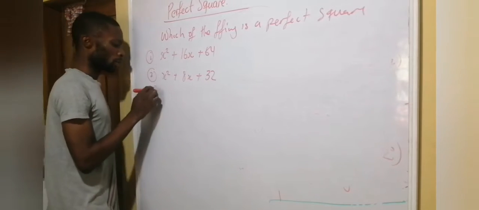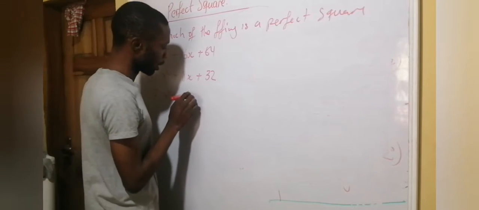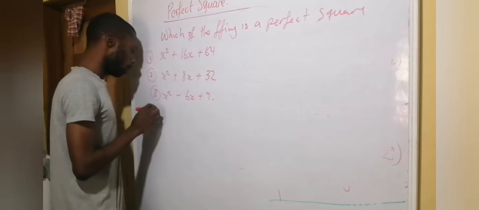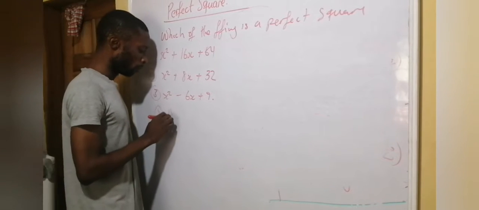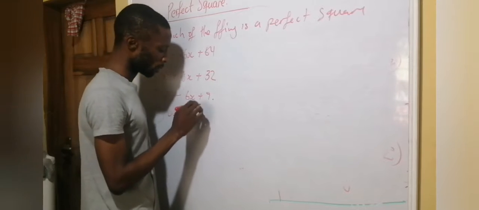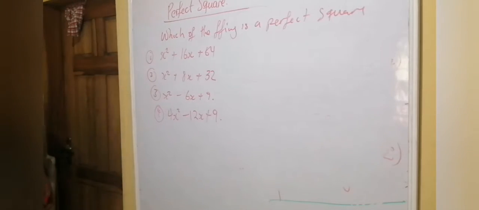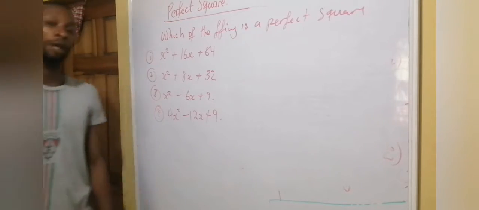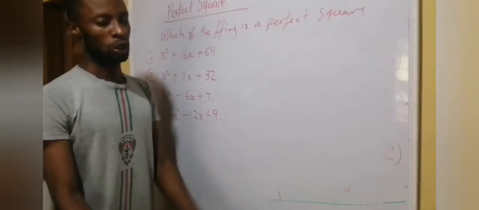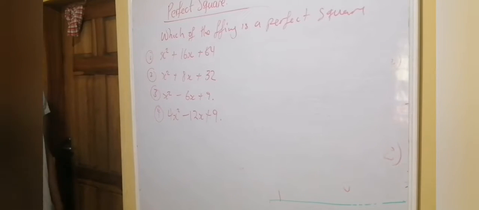Number 3, x squared minus 6x plus 9. Number 4, 4x squared minus 12x plus 9. Now, I want to quickly look at which of these is a perfect square and the ones that are not.